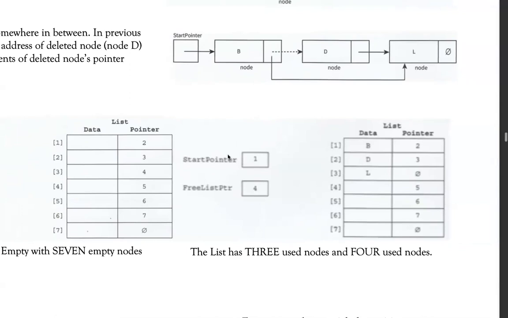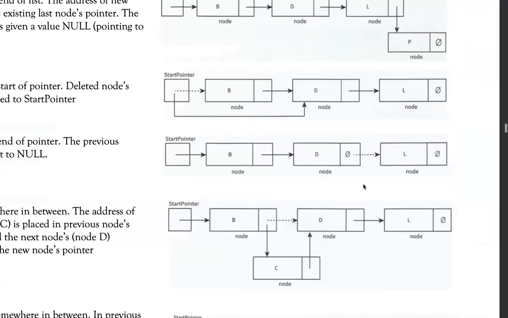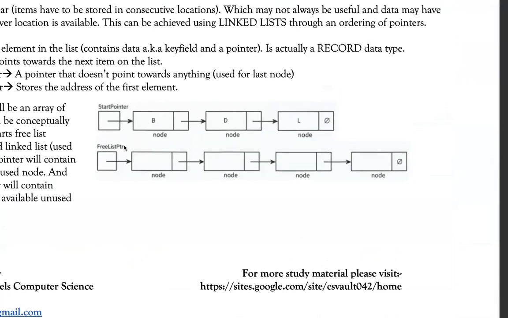On the other hand, if we have a partially filled node, as mentioned before, a partially filled linked list means that I basically have divided the existing array of nodes into two parts. One part is the actual linked list with the contents filled of each node, and the other part is the free list in which each node is empty.